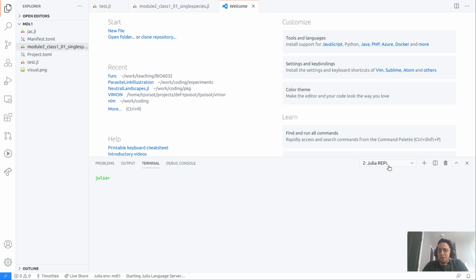When you're running some Julia code, you could also use the command pwd, which is shorthand for print working directory. It tells me where on my computer I am working, and we are working here in /home/my username/work/teaching/class name/the specific project. So you can make sure that you are working in the correct place.